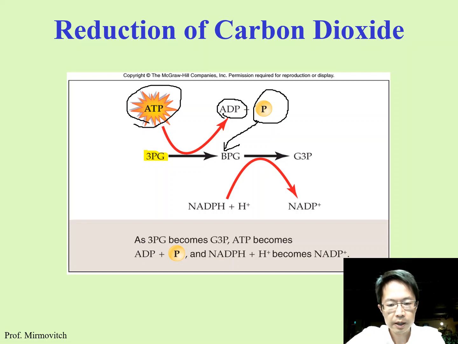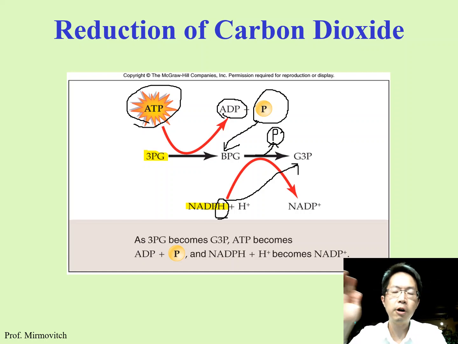This gives 1,3-bisphosphoglycerate. And then you have this NADPH, and the hydrogen atom is added here, and then you get G3P. So as 3PG becomes G3P, ATP becomes ADP.